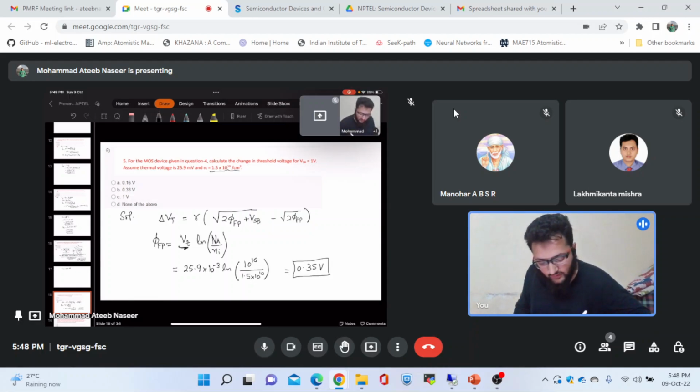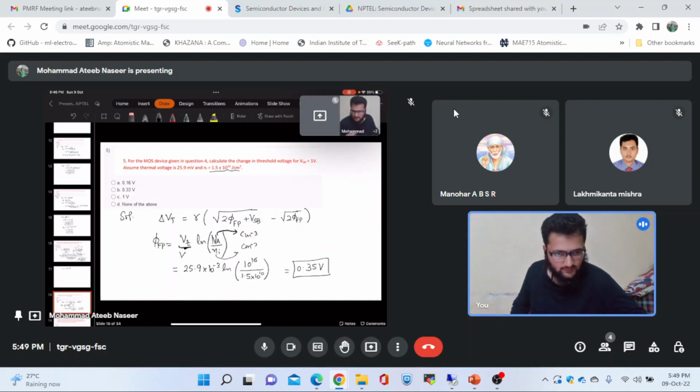Vt has the units of volt, and in the exponential or in ln, we should always have a unitless quantity. Na, the acceptor concentration, has the units of per centimeter cube, and Ni also has the units of per centimeter cube.